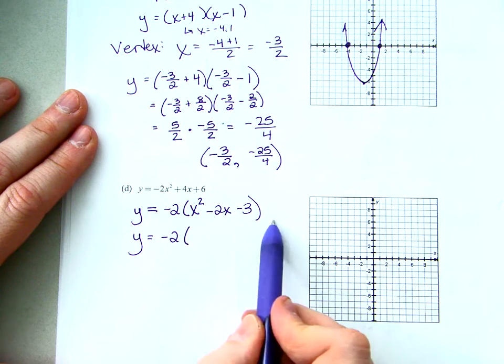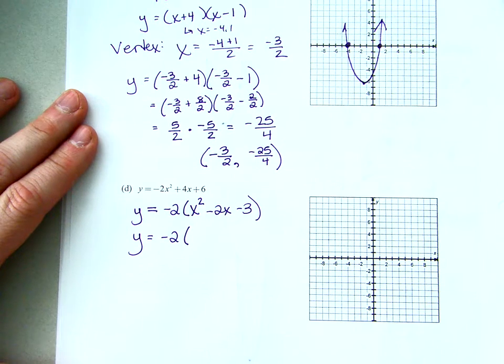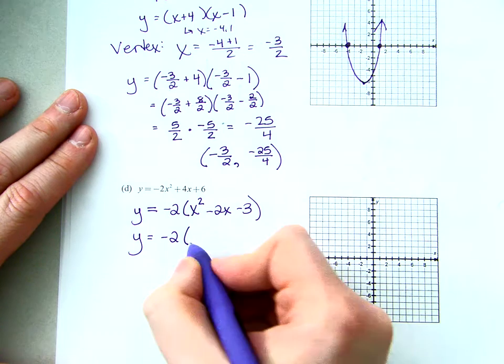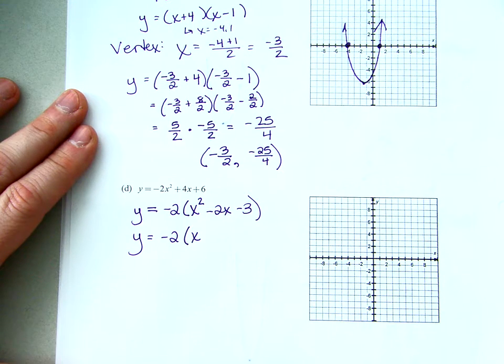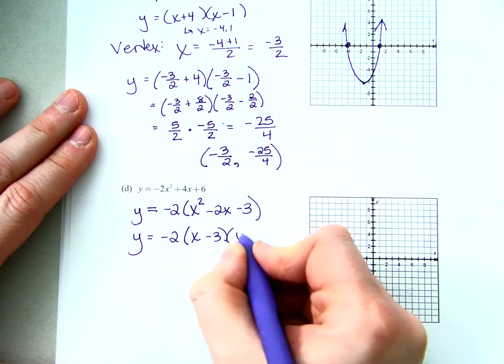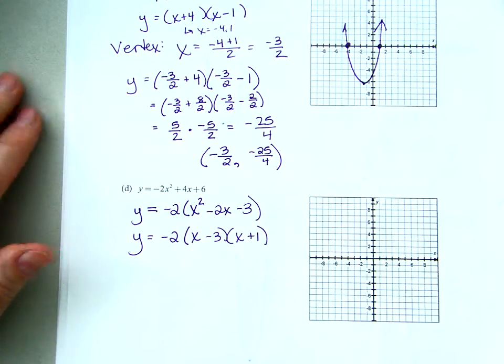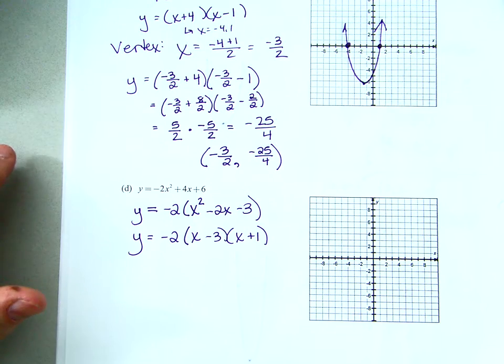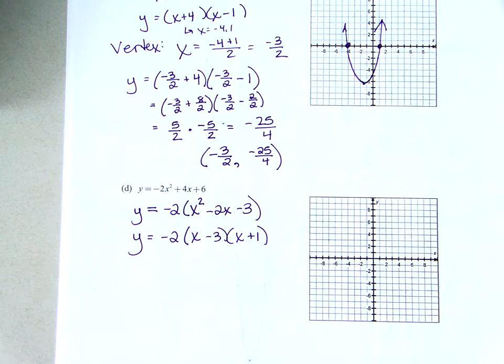Tyler, do you have the factoring for x squared minus 2x minus 3? X minus 3 and x plus 1. Perfect. That's what it should get factored into. So hopefully you can find the x-intercepts easily. Vertex is in the middle.